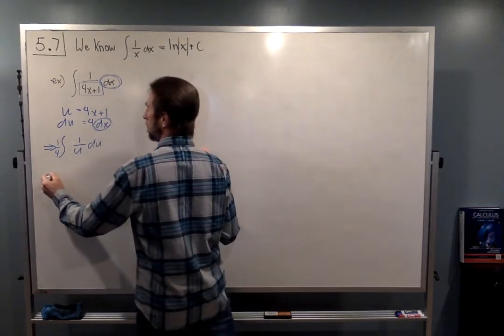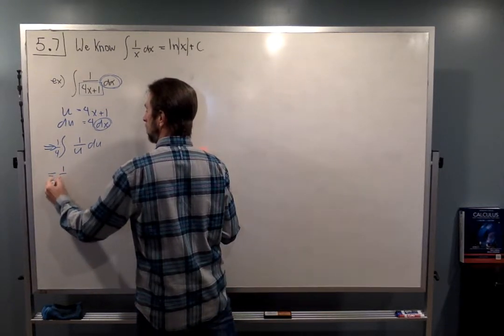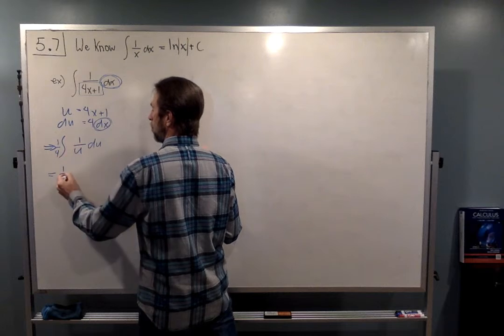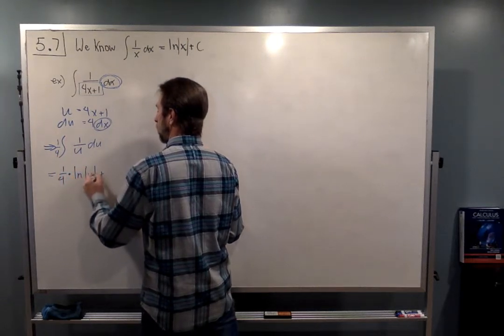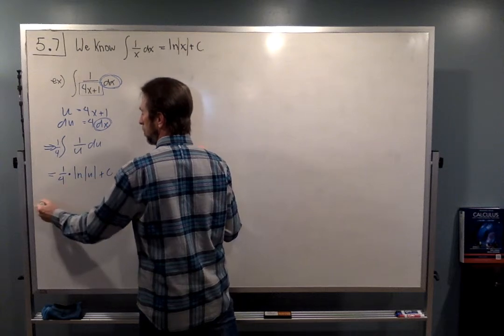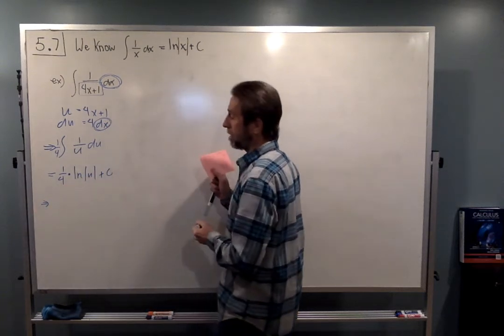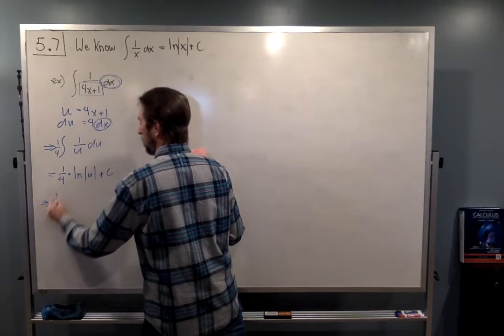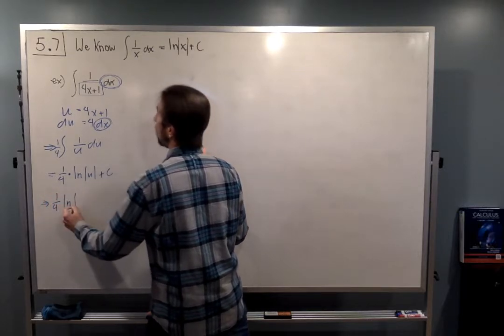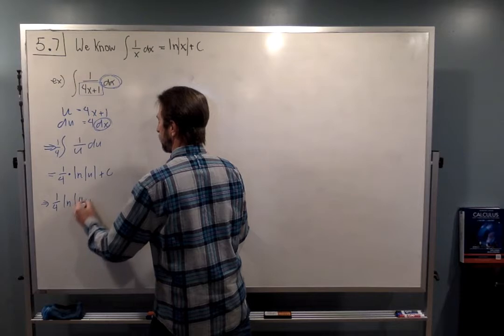Now I can do the calculus. The integral of 1 over u is log u. And then, as usual, we move it back to x values. We get 1/4 the log of 4x plus 1.